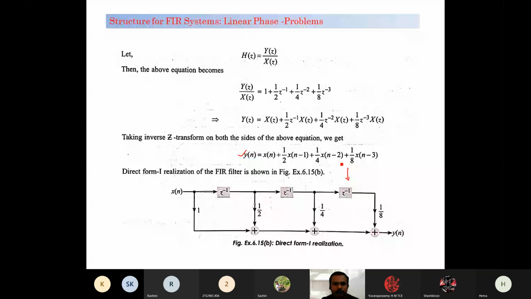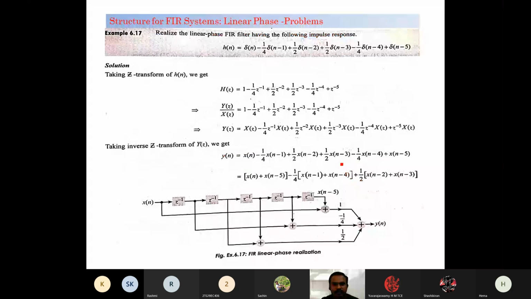But if you go for the linear phase structure, it depends on whether the order of the filter is even or odd. If it is even, the structure is different; for odd, the structure is different. So in linear phase, if the filter order is upgraded, obviously the complete structure is going to be modified.